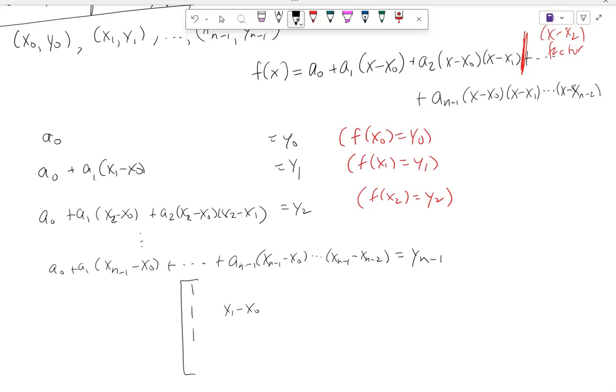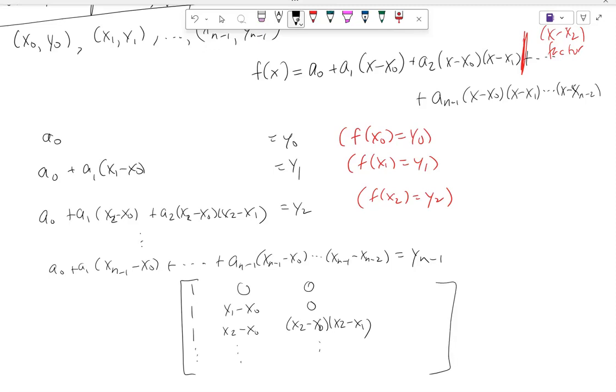You'll have a 1 and x2 minus x naught and x2 minus x naught times an x2 minus an x1, right? And all these coefficients up here will be zeros, right? So on down the line.